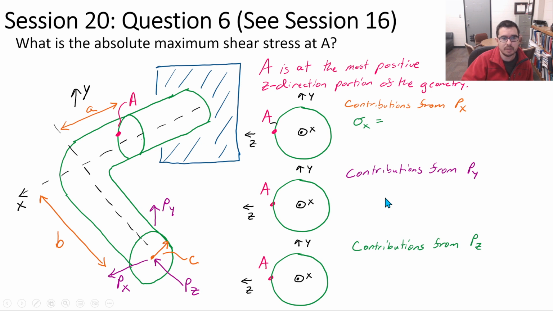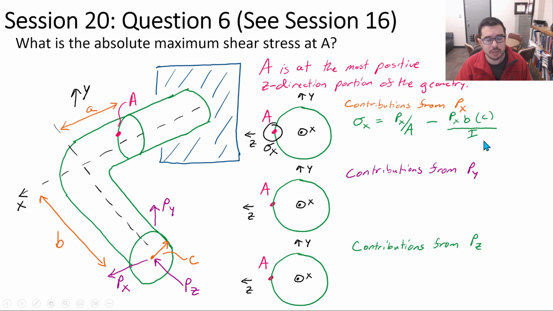I invite you to go back to session 16 if you want, where you can see that sigma x is equal to px over A minus pxb times quantity C over I. So we're getting some axial loading and some bending stress potentially.